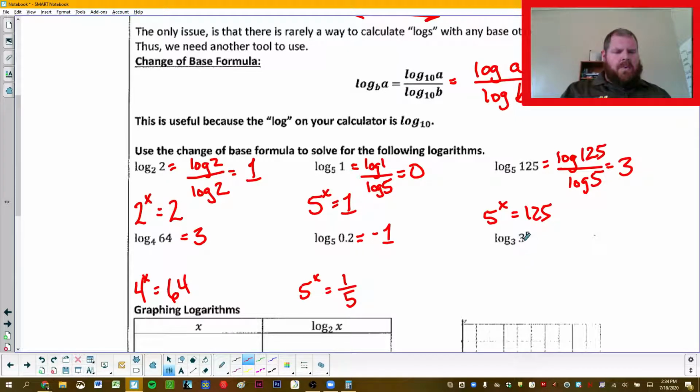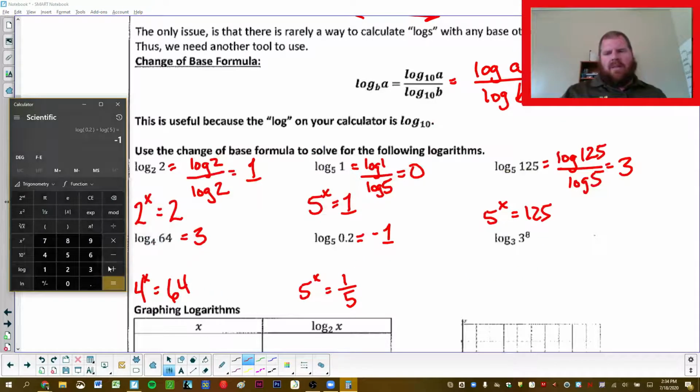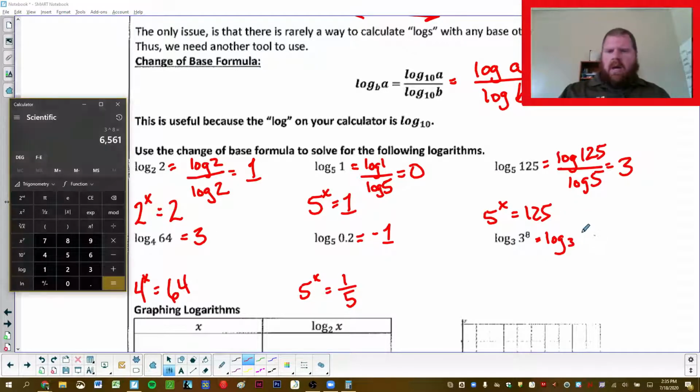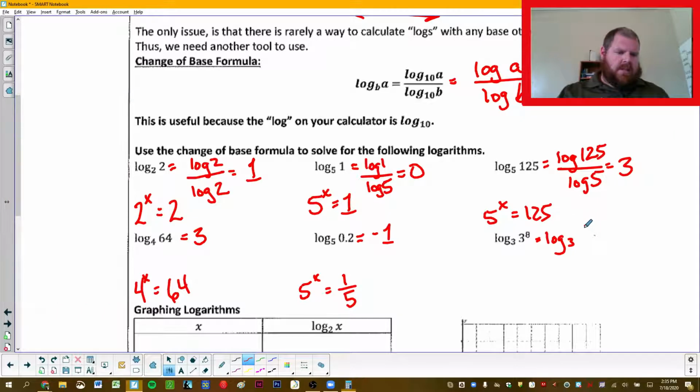Now here's a weird one. Once I write this, it's going to make a lot more sense. Let's figure out what 3 to the 8th is really quick. This is really saying, what is the log base 3 of 3 to the 8th, which is 6,561.